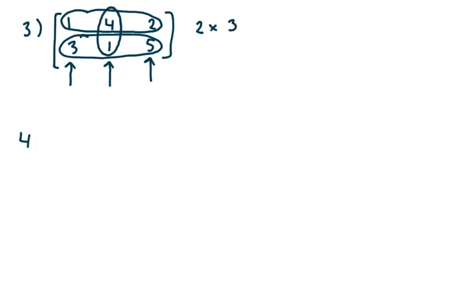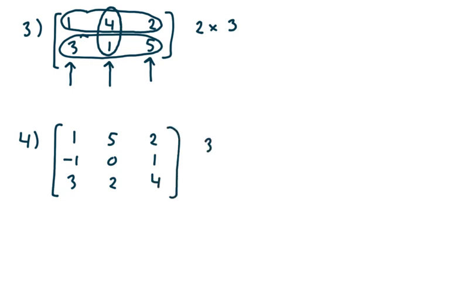If we look at example 4, we have the matrix 1, 5, 2, negative 1, 0, 1, 3, 2, 4. And this right here is a 3 by 3 matrix. Example 5, we have the matrix 2, 3, 4, 0.